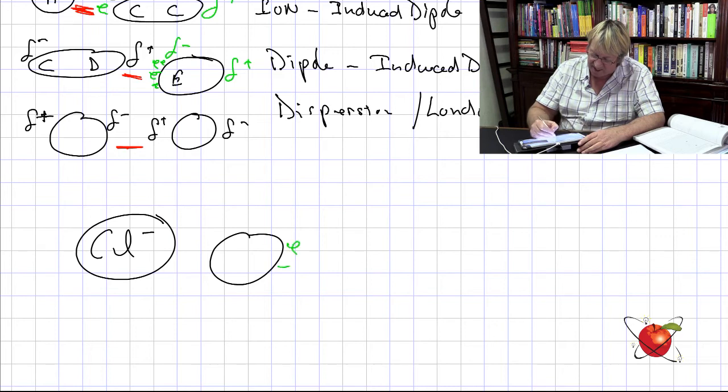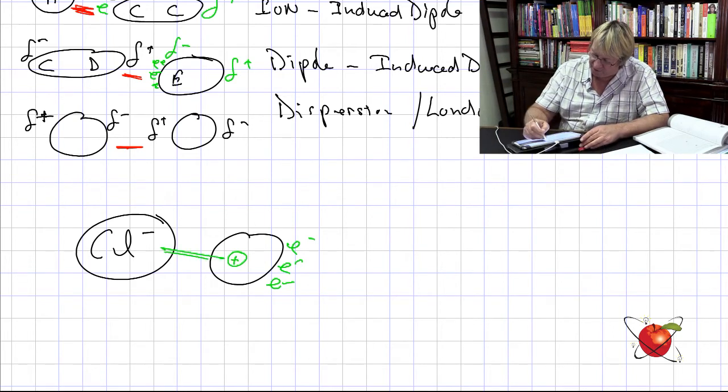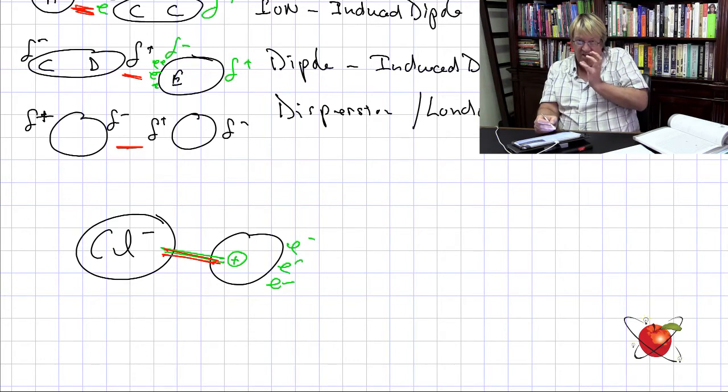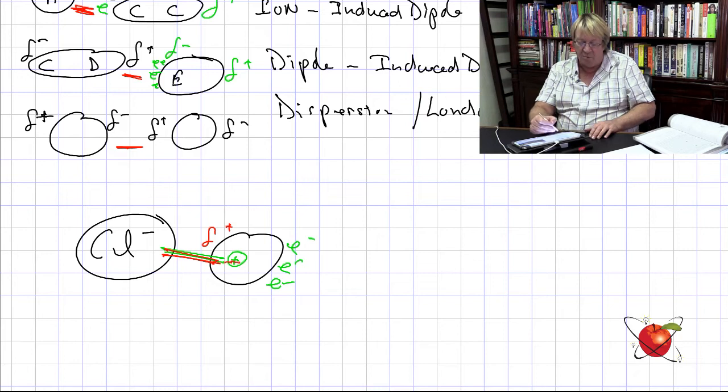So it pushes the electrons that way, pushes them away, leaving the proton uncovered. It's positive this side now, and it allows a bond because the negative links to the positive. So essentially it pushes the electrons out of the way so it can get a linkage to the proton. Vice versa, if a proton comes by, it pulls the electrons in because that's what it wants to link with.